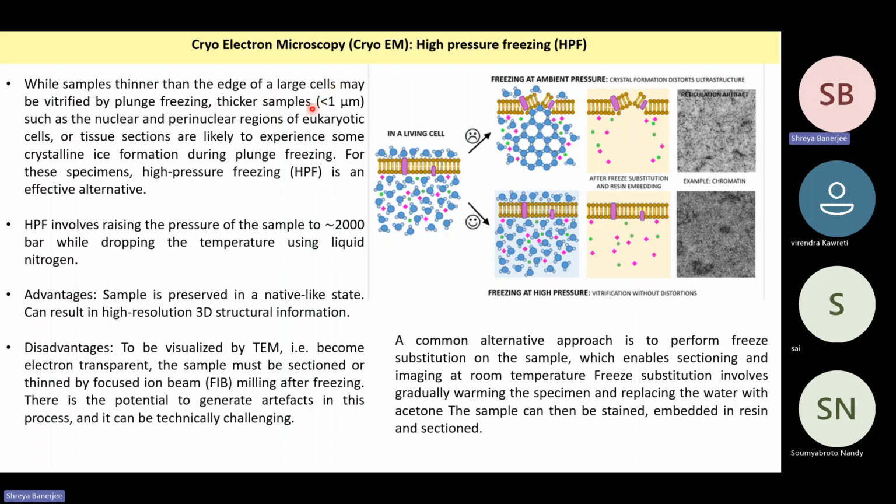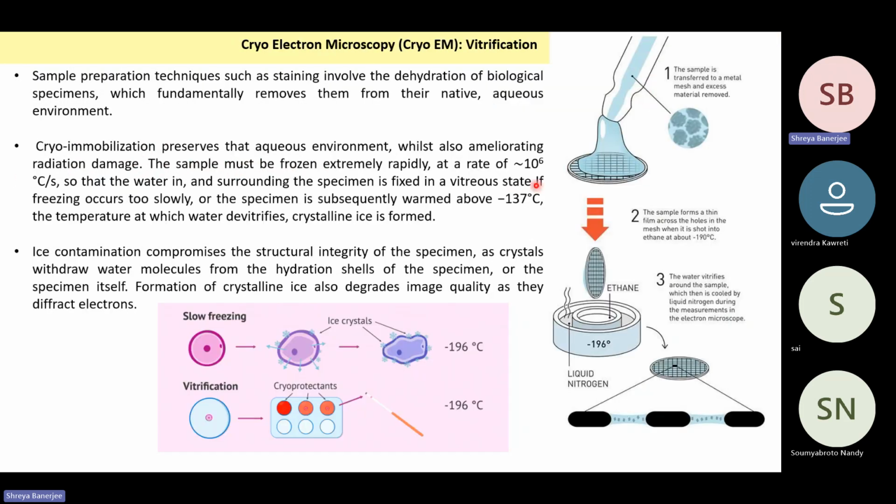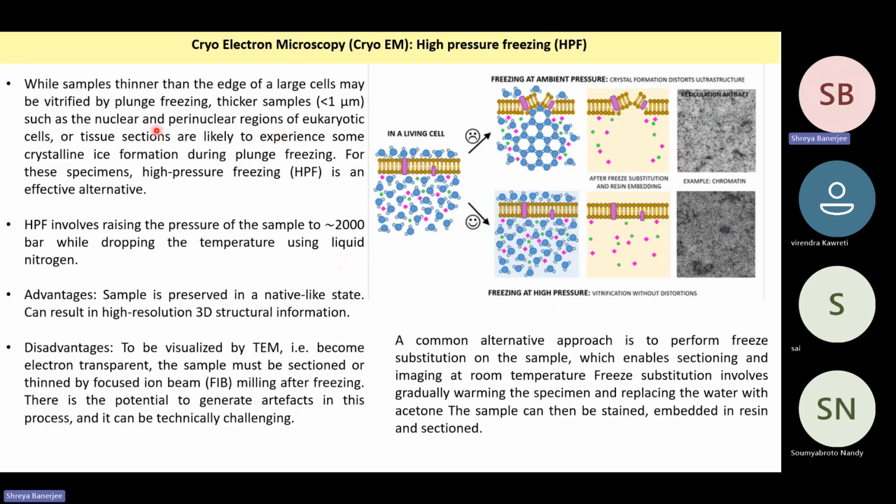Thicker samples of less than 1 micrometer, such as the nuclear and perinuclear regions of eukaryotic cells or tissue sections, are likely to experience some crystalline ice formation during plunge freezing. So this technique that you saw, very rapid freezing at low temperatures called plunge freezing, will work for thin segments. But if the specimen is thick, like the nuclear or perinuclear regions, then even during plunge freezing, there will be some crystalline ice formation.